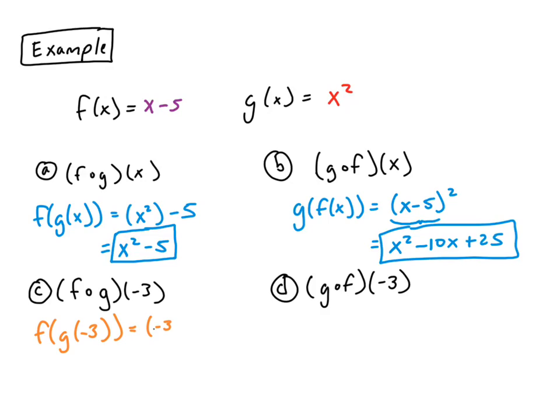So we're going to figure out what just g of negative 3 is. That's negative 3 squared, which in this case is going to give us 9. Then we're going to plug the 9 into f of x. So 9 minus 5 gives us 4.